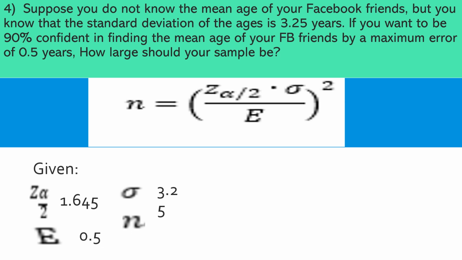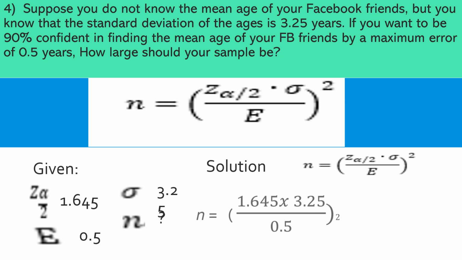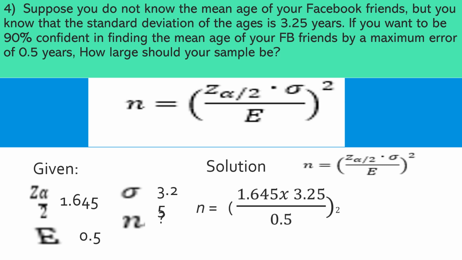Okay, then we are looking for the value of n or the sample size. So following the formula, we have n is equal to the confidence coefficient, which is equal to 1.645 times the sigma, which is equal to 3.25, divided by the error. The margin of error is 0.5.